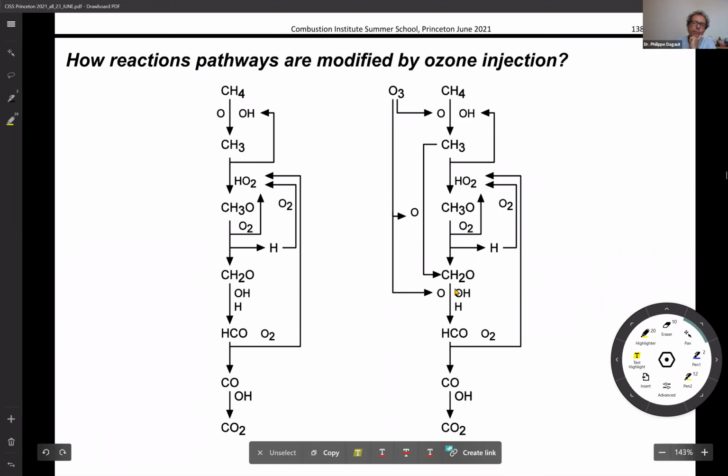The oxidation of formaldehyde, which was previously due to the oxidation by OH and H, now can also be depleted by O atoms producing HCO.